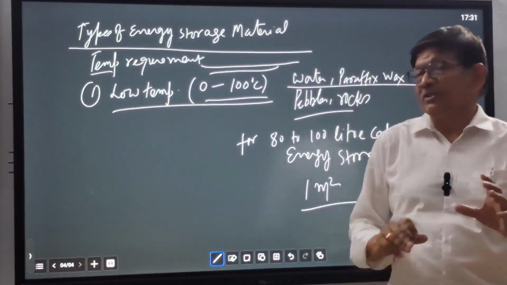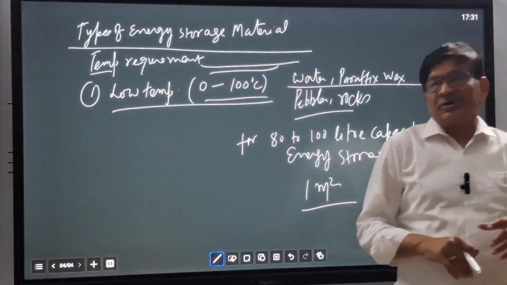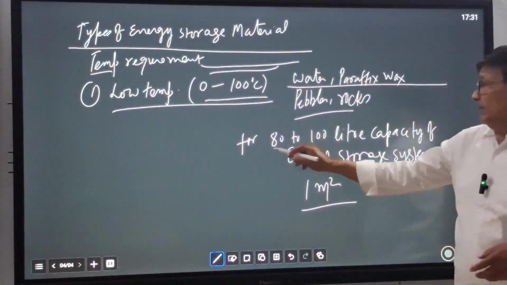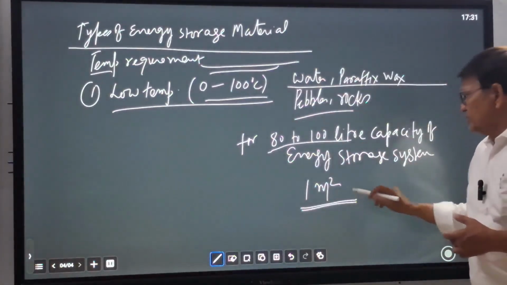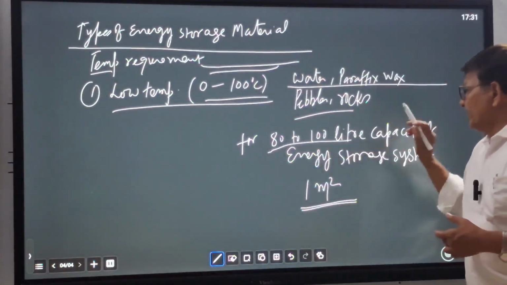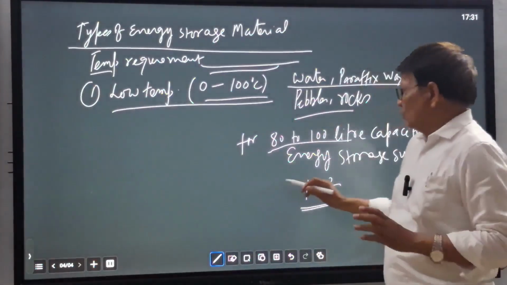For example, either we are using a flat plate solar collector or an evacuated tube collector for energy storage up to 80 to 100 degrees centigrade requirement, 1 meter square is required for 80 to 100 liter of the capacity of the energy storage. This is a thumb rule.